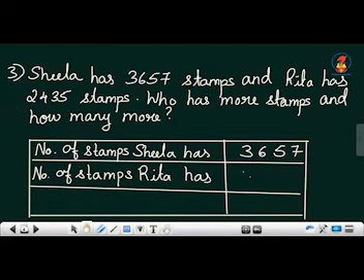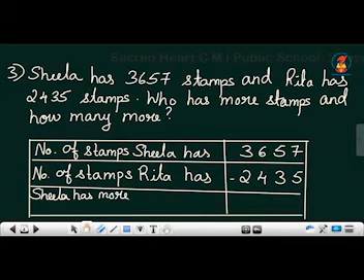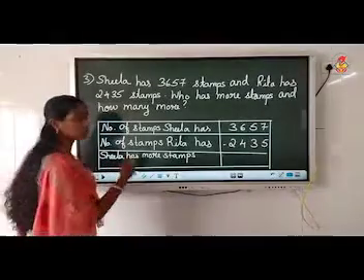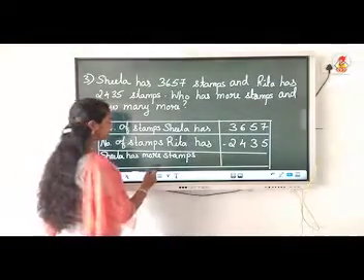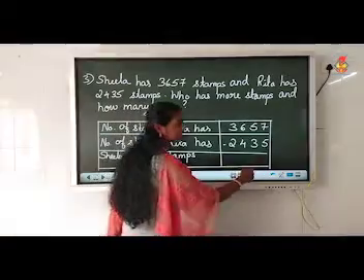How many stamps Rita is having? 2435. So, who's having more stamps? Sheila has more stamps. So, you answered the first one. Who has more stamps? Sheila has more stamps. And how many more? How many more stamps? So, you have to write Sheila has more stamps. How many more? You have to minus and get the answer.